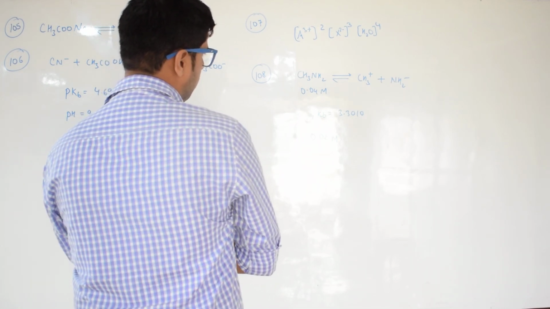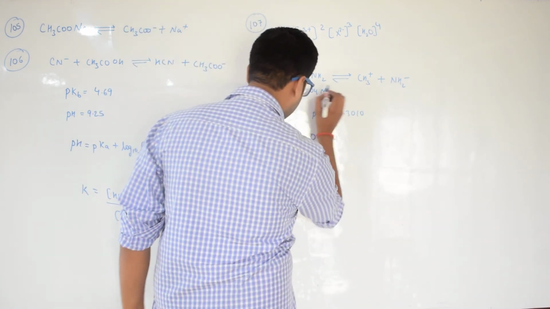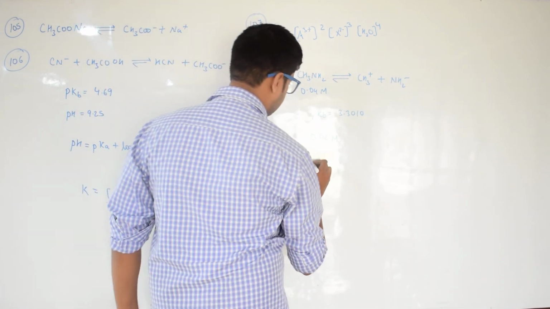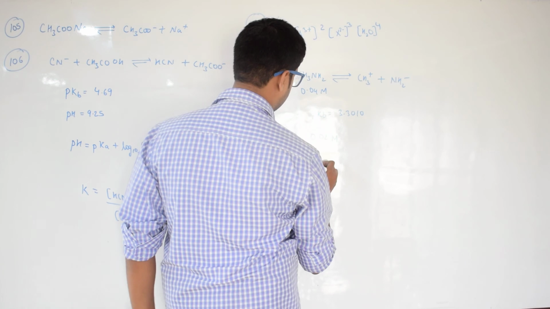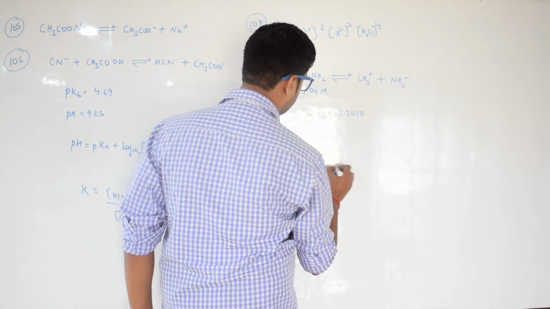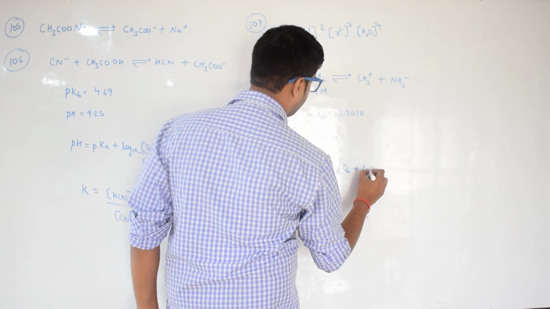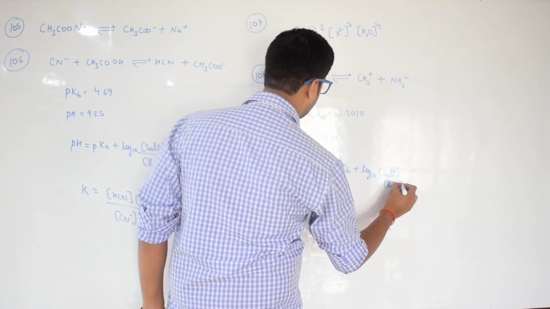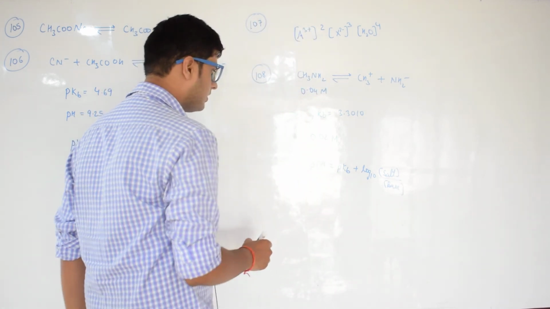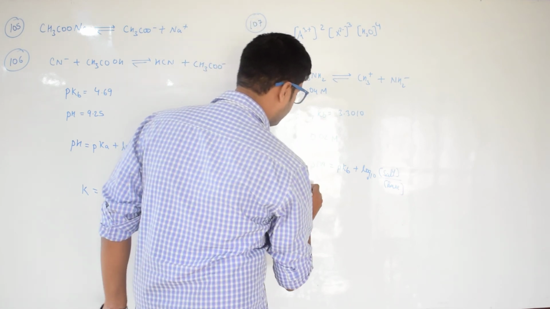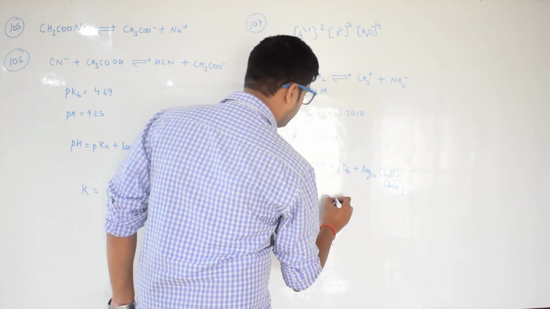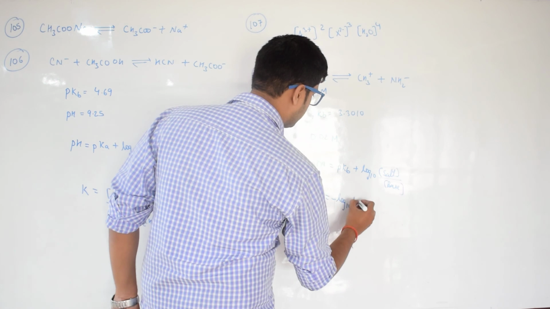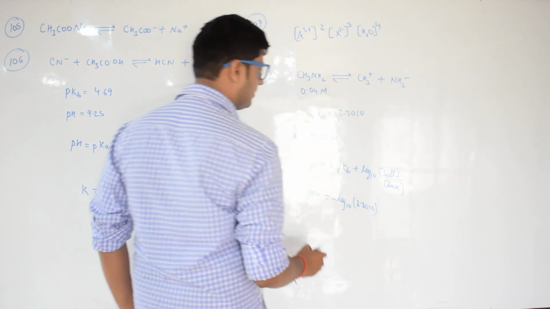Okay. When we have to calculate the change in pH, pOH is equal to pKb plus log 10 concentration of salt upon concentration of base. This can be solved like this, and the value of OH can be found. It will be equal to minus log 10 concentration of OH, 3.3010 and log 10 salt upon base.